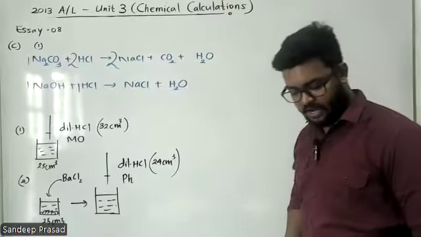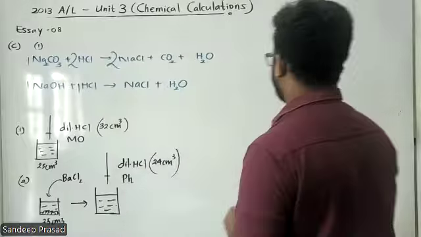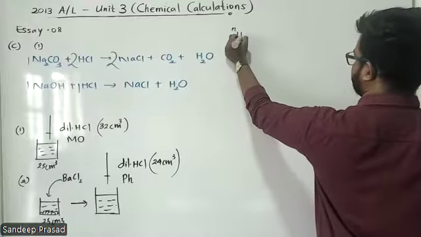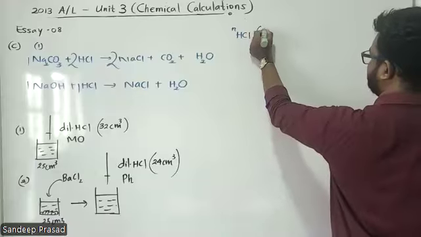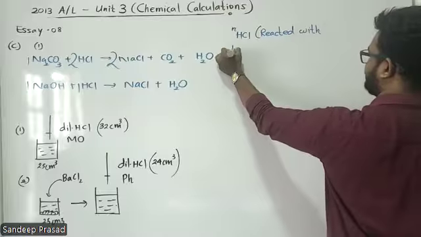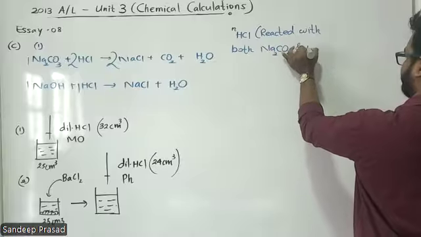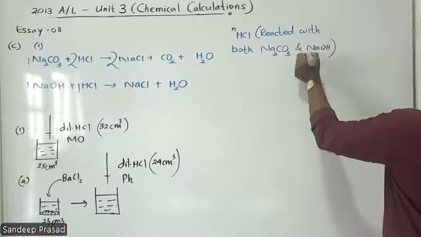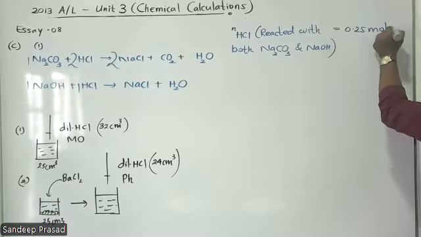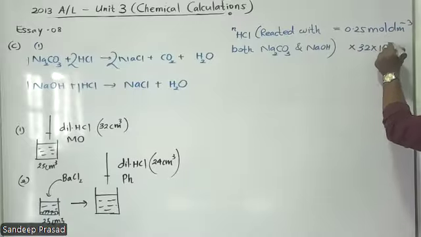So in that process, how much HCl was consumed? 32, right? Then I can find out the number of HCl moles reacted with both sodium carbonate and sodium hydroxide. What is that amount? Molar concentration 0.25 moles per cubic decimeter multiplied by volume 32 into 10 to the power minus 3.